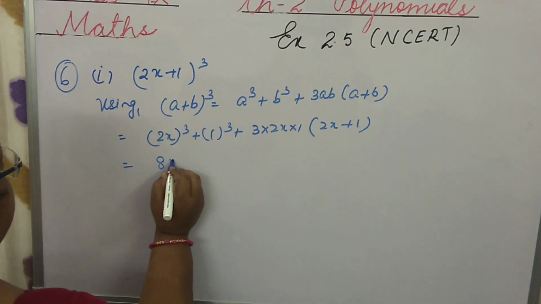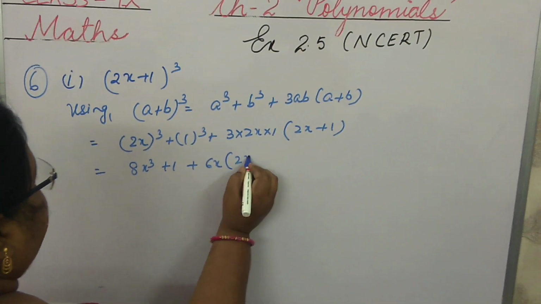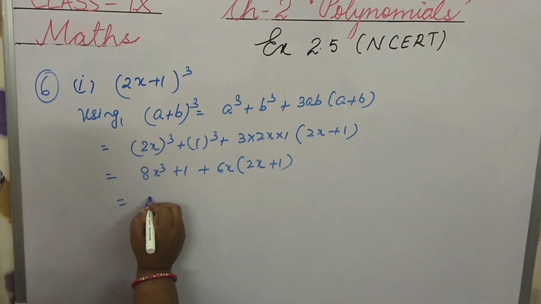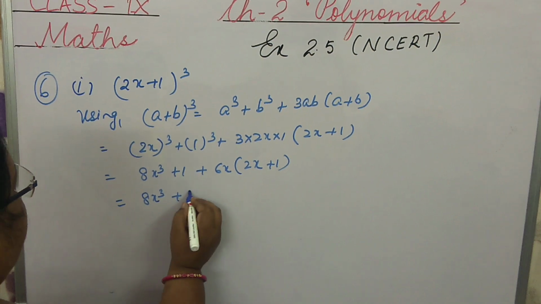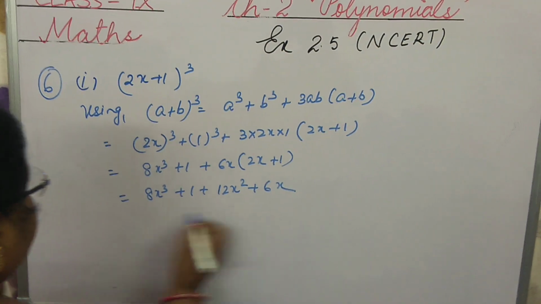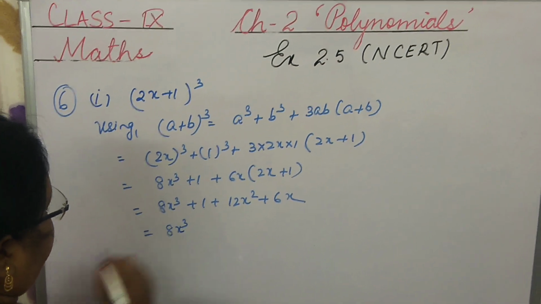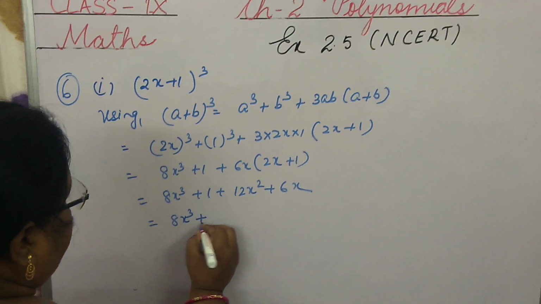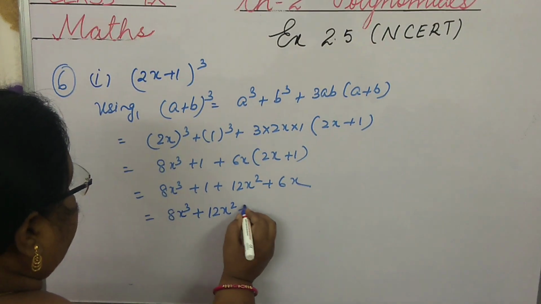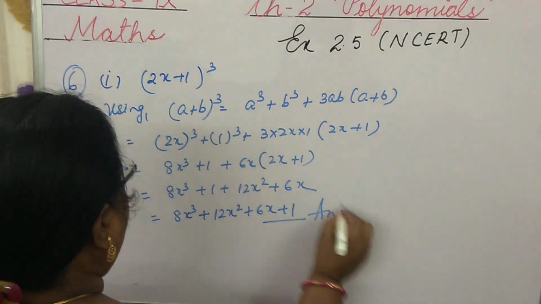Then 8x cube plus 1 plus 6x into 2x plus 1. Since we have to expand, we will just open the bracket also: 12x square plus 6x. You always write the polynomial in decreasing powers. 8x cube plus 12x square plus 6x plus 1. So this is the answer.